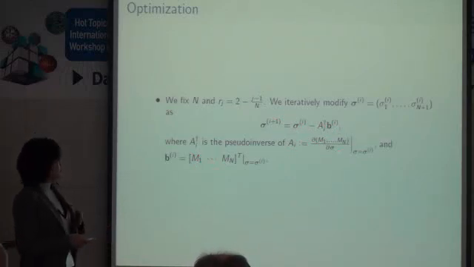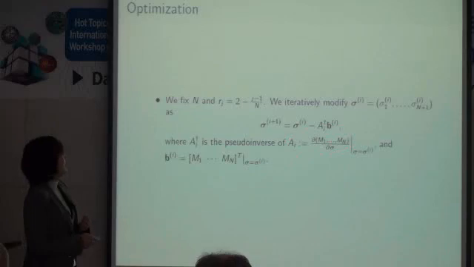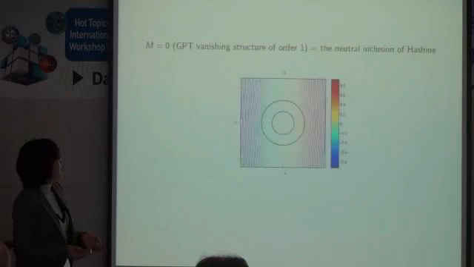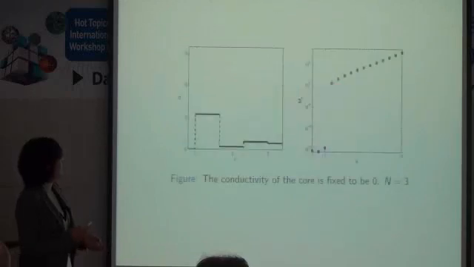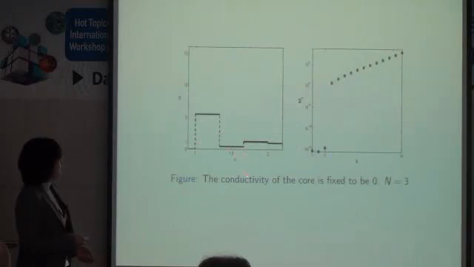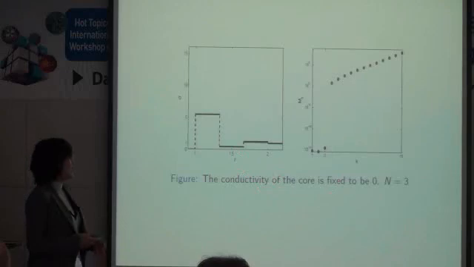and then get the directional derivative, and just update sigma by sigma minus A inverse times B, and then you have this result. Here, this one is the cloaking structure to make m sub k 0 up to k equal to 3.